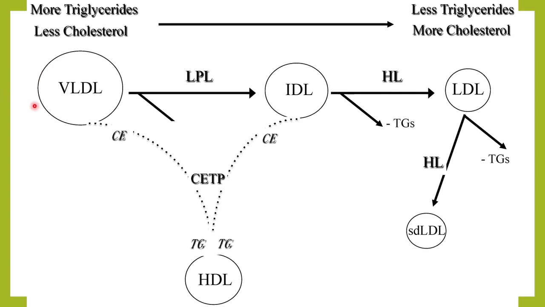So now the lipoprotein lipase enzyme gets activated because the ApoC given by the HDL helps in activating this LPL. So because it will activate, it will cut and cleave it, and the VLDL becomes intermediate density lipoprotein, and the intermediate density lipoprotein will become LDL, that is low density lipoprotein. Now LDL will be less in triglyceride and more in cholesterol.